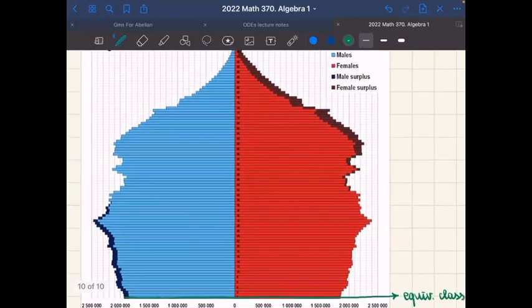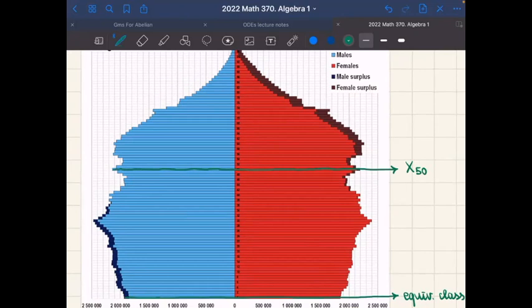So this can be the equivalence class X50, all the residents that are exactly 50 years old.